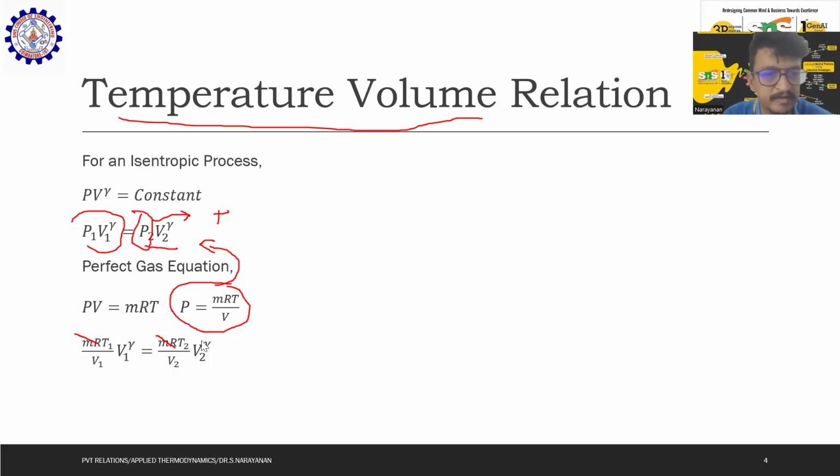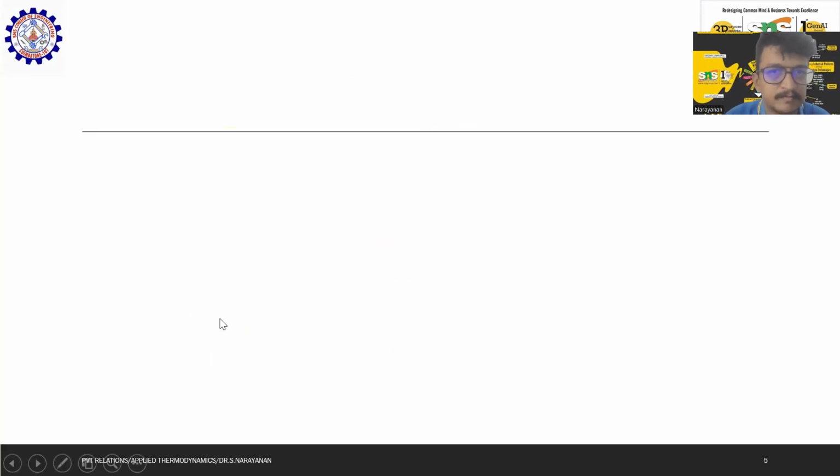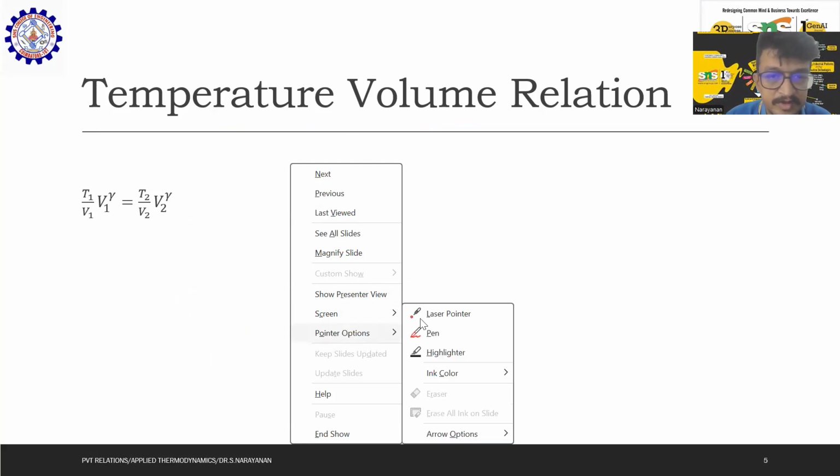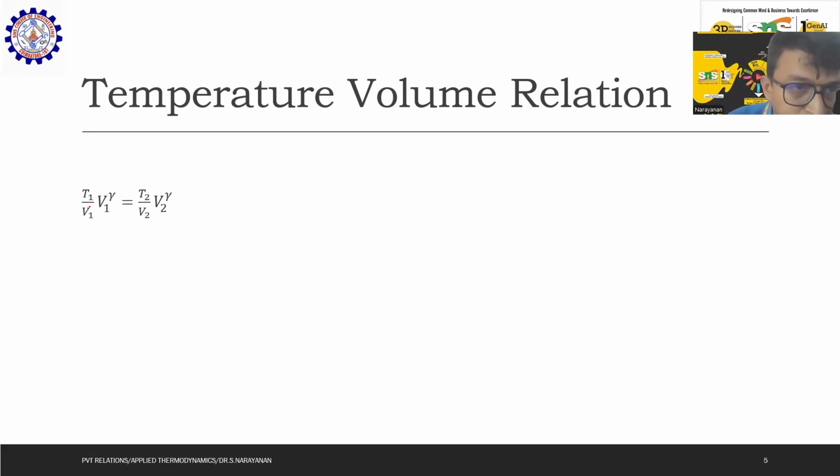The remaining will be T1 into V1^gamma divided by V1 equal to T2 into V2^gamma divided by V2. So V1 power 1 and V2 power 1, when we take this to the numerator, it will become V1 power minus 1, and we can combine and write as below.